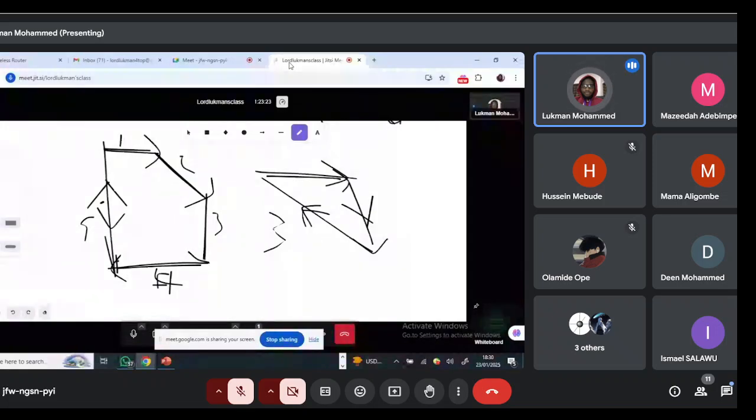Is this resultant or equilibrant? Equilibrant. Uzain, resultant or equilibrant? Resultant. Dean, resultant or equilibrant? Equilibrant. Mustafa, resultant or equilibrant? Equilibrant. Now, who is left, please?